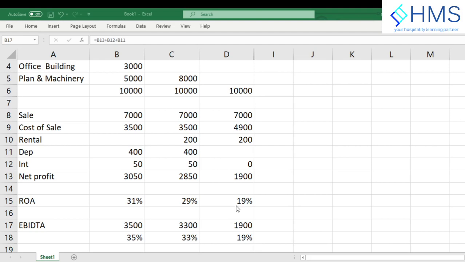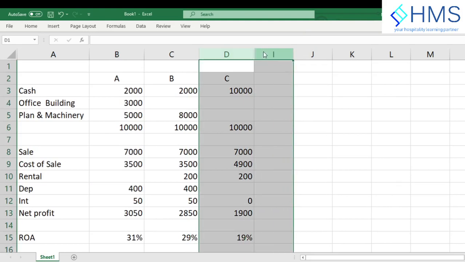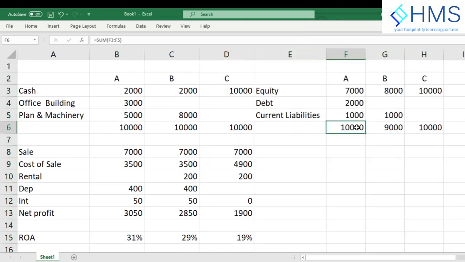So coming back to the same example that we have already discussed, let's say this company ABC has been financed by equity, debt and current liabilities. How will we calculate the return on capital employed? First we need to calculate earnings before interest minus taxes, right?